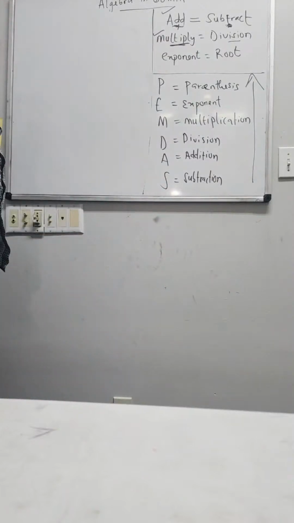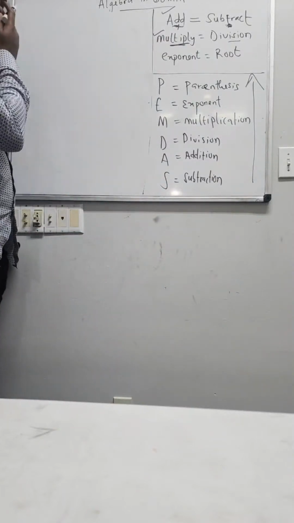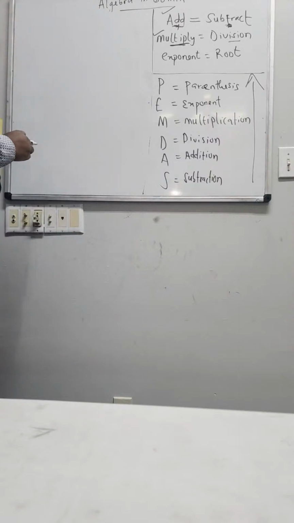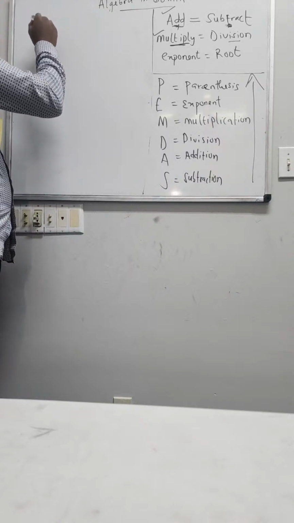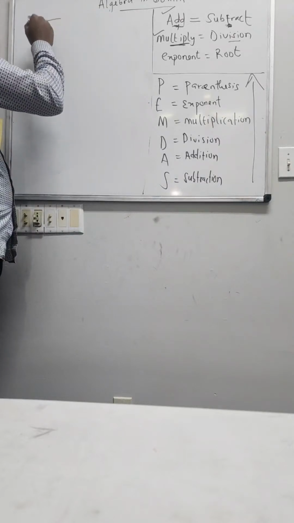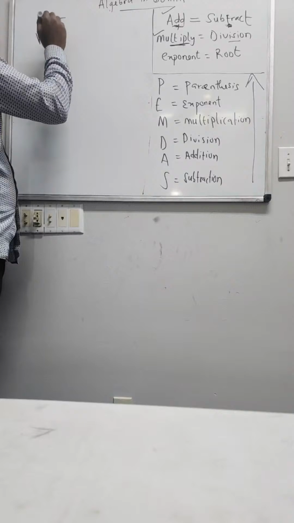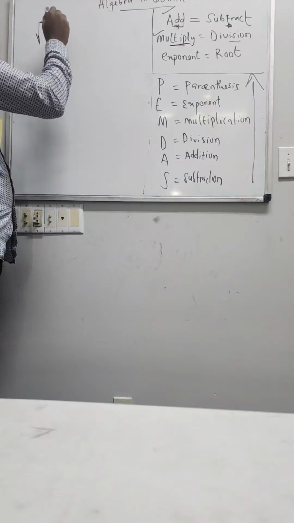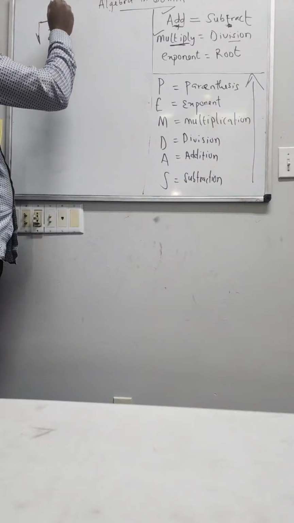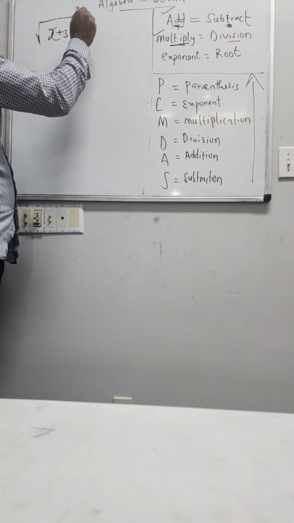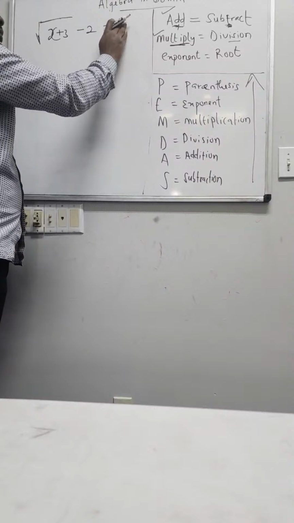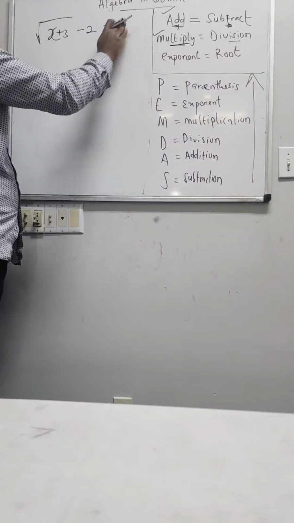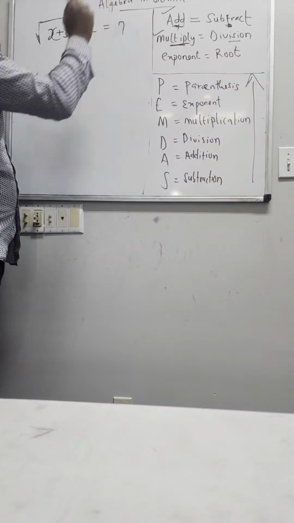Now, the next example, we have the square root of x plus 3, minus 2 equals 7.